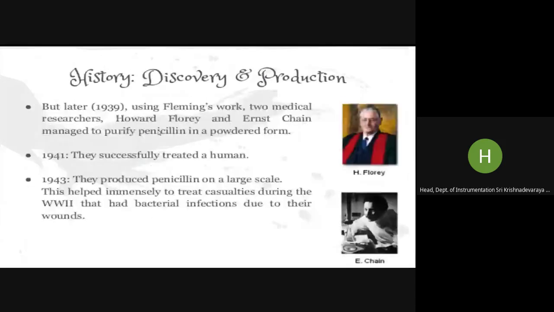And once he did it in 1928, but later in 1939, 11 years later, powdered form. In 1945, they successfully treated a human. When it is tested on a human, we normally call it in vivo.